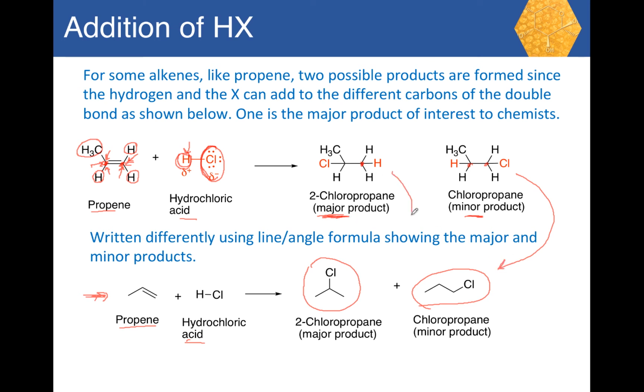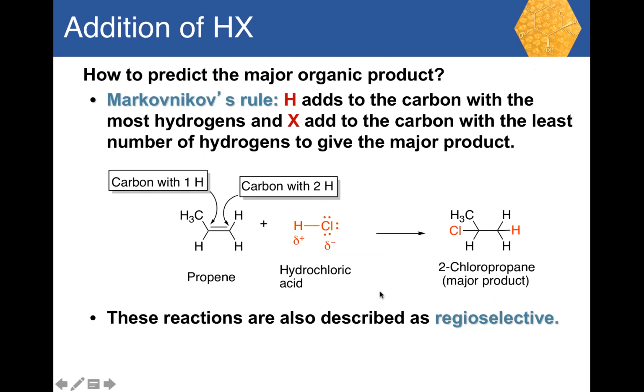And this is that written differently. So you should be comfortable writing the different products using the line angle representation. But the question at hand is, how do we predict the major product?